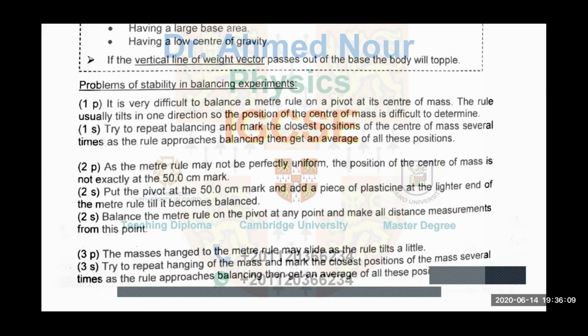Even if you have rulers that are 30 centimeters, the center of mass should be at 15 centimeters. But when you put it and try to make it in equilibrium, you find the center of mass at 15.5 centimeters. It's a problem.